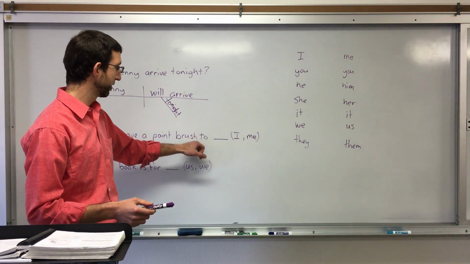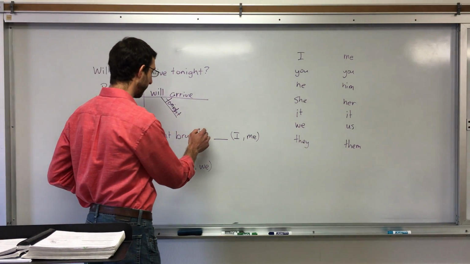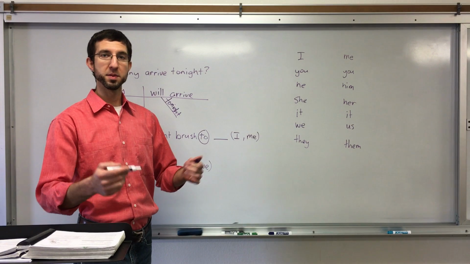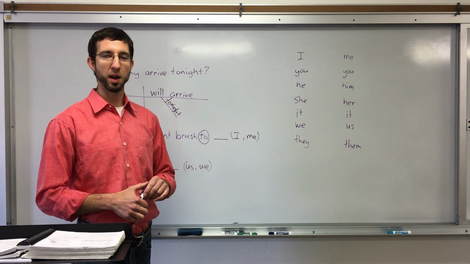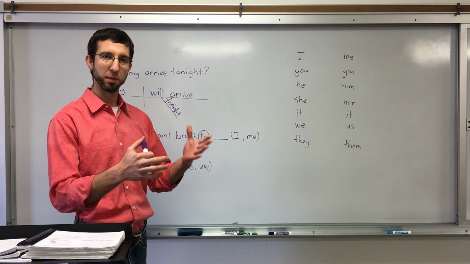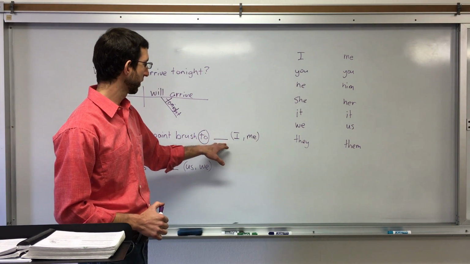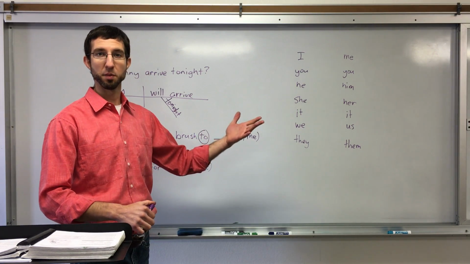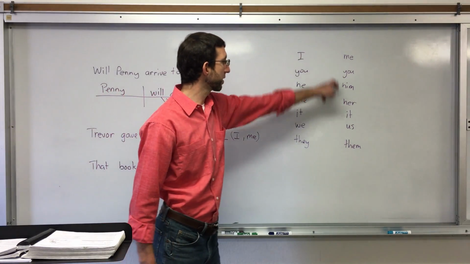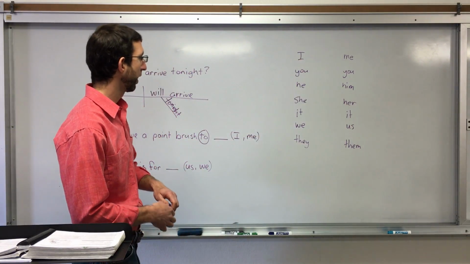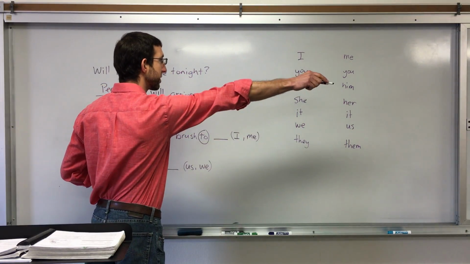You see, to is a preposition. Anytime there's a preposition that's used, there's going to be an object of a preposition following it. So we know that the word that goes in this blank is an object of a preposition, so it's going to come from this list and not this list. Which ones of these is in that list? Me.